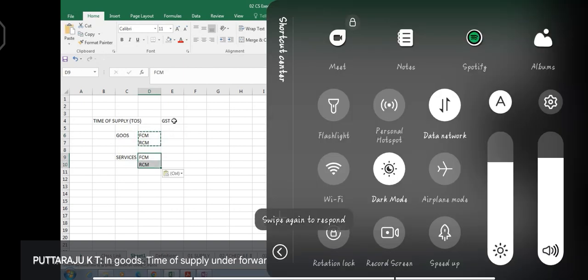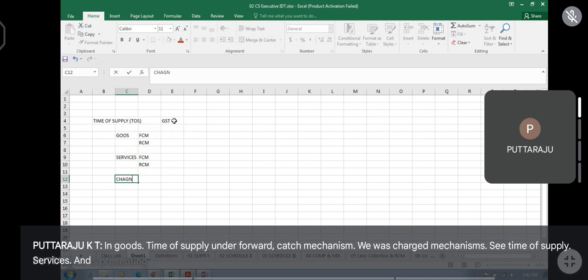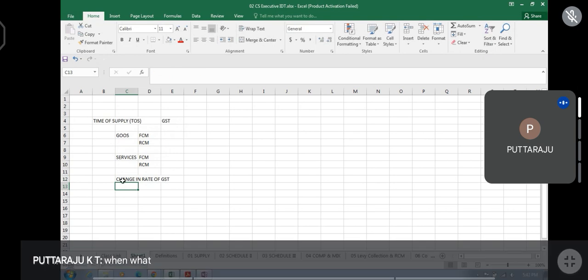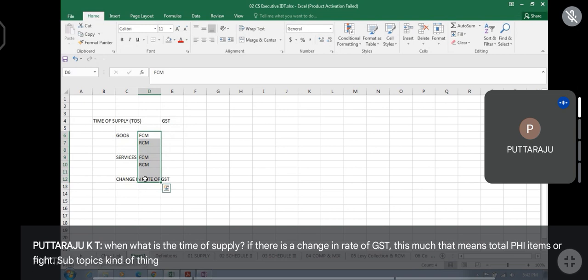C, time of supply of services, and when, what is the time of supply if there is a change in rate of GST. This much, that means total 5 items or 5 subtopics we need to understand.